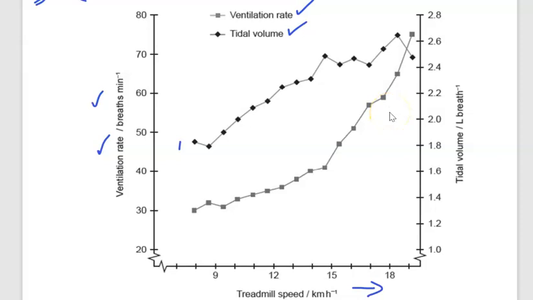Then we've got this double use of the y-axis, with tidal volume in liters per breath on the right-hand side. The data then, the diamonds are the tidal volume, and then this is ventilation rate.